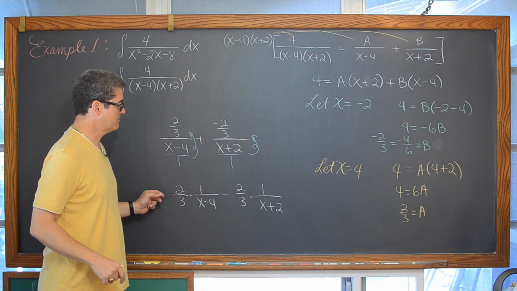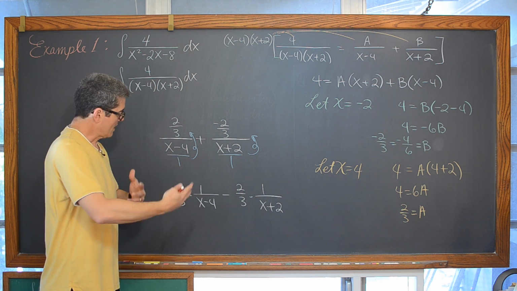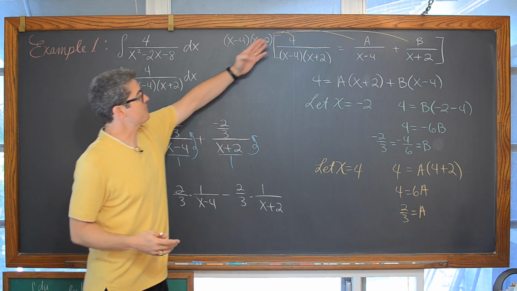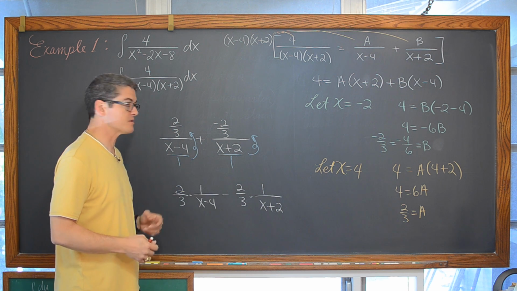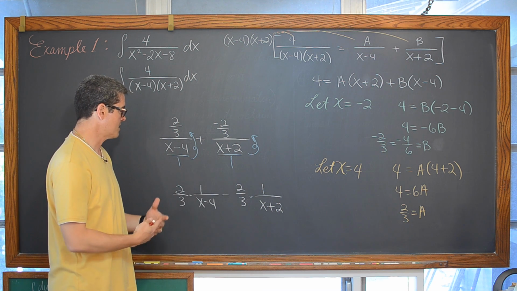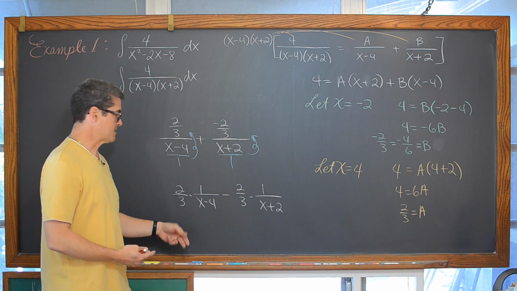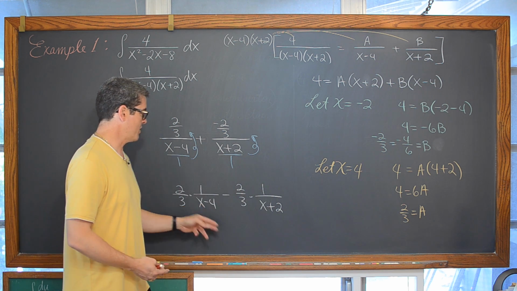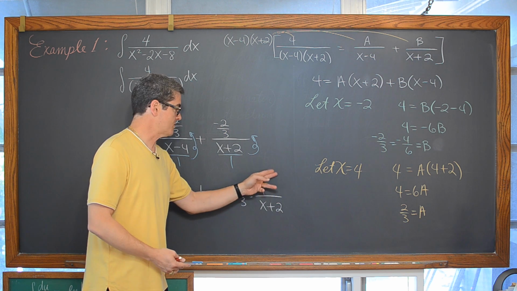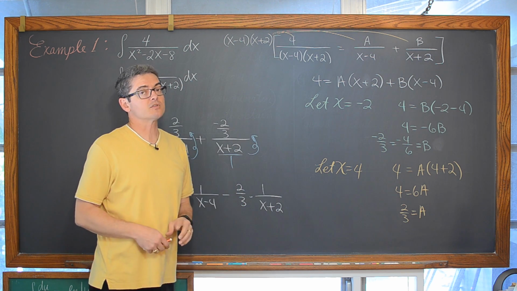And this is a decomposed version of this fraction. If we take these two fractions and add them back together, finding common denominators, multiplying this by x plus 2 on the top and bottom, and multiplying x minus 4 to the numerator and denominator of the other, we'll get back to the fraction that we started with.